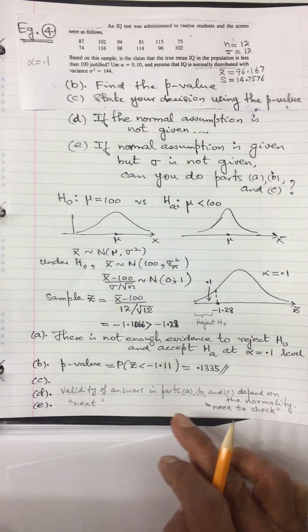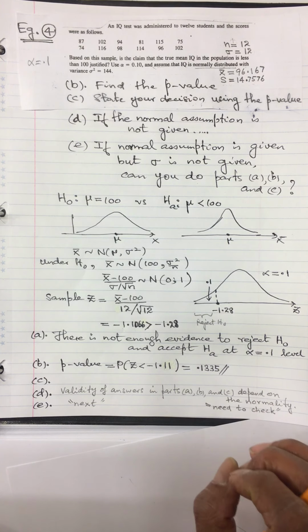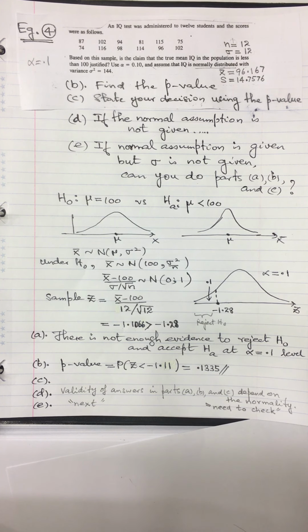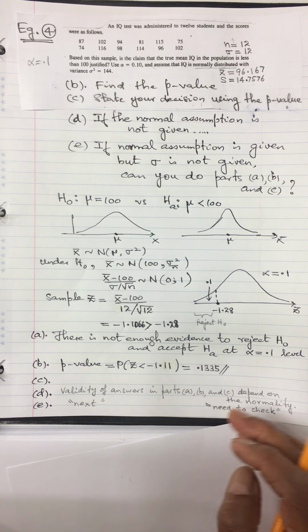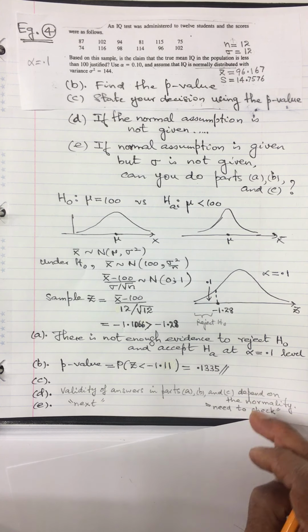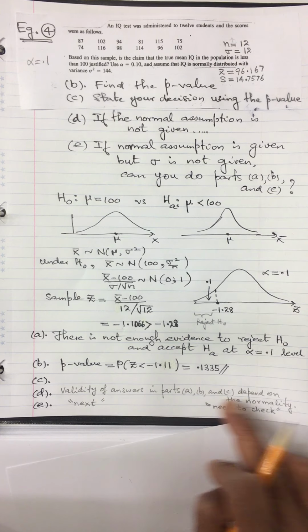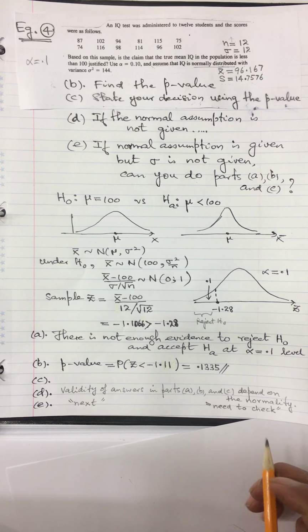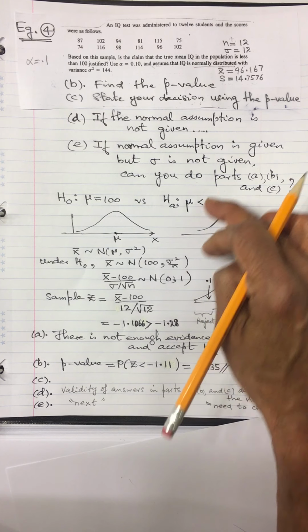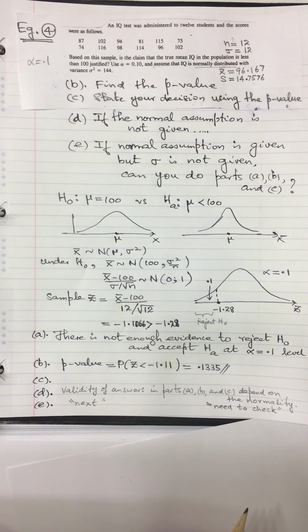But if you don't have a computer, like in an exam, you cannot check that. So you need to write it down. Basically, the validity of your answer depends on that assumption. That is a must assumption. In other words, this has got to be a normal curve.